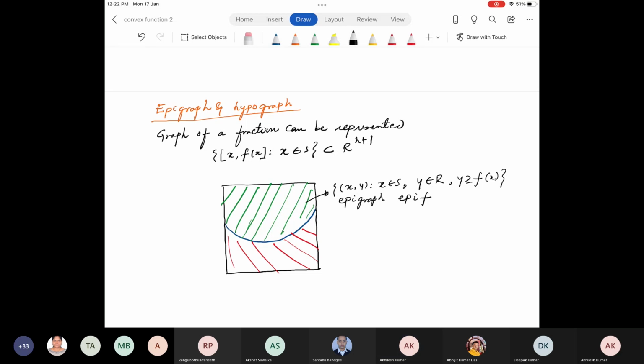Similarly, for the hypograph, x comma y, where x belongs to S, y belongs to R, and y is less than or equal to f(x), then we say hypograph, or represented as hypo of f.